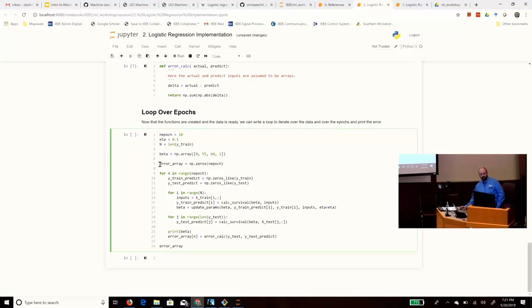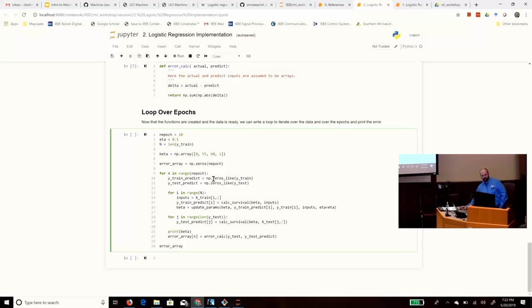The next line, I'm just creating an array to keep track of our errors at the end of each of our epochs, okay? So like I said, one full trip through our data sequence is one epoch, and we're going to calculate our error at the end of each epoch, all right? But then we're going to run multiple epochs and look at what happens. So in our first for loop, our outer loop, we create our two arrays, one to store our predicted training data outputs in, and the other one to store our predicted test data outputs in.